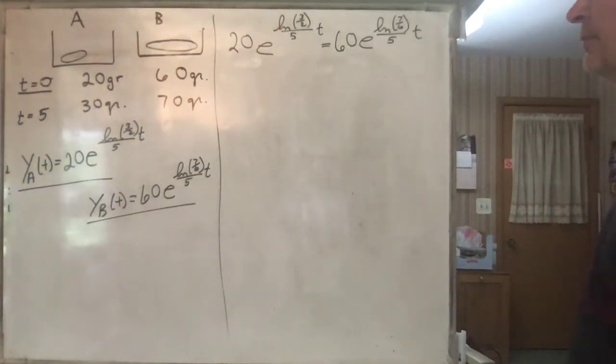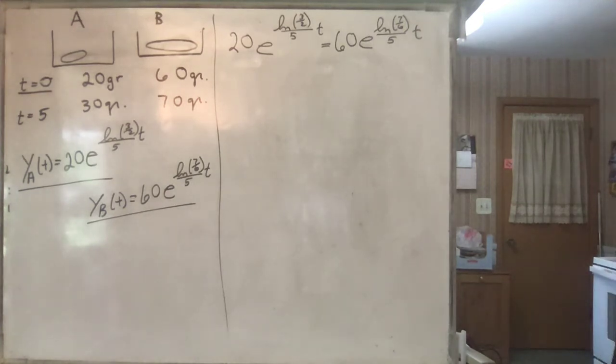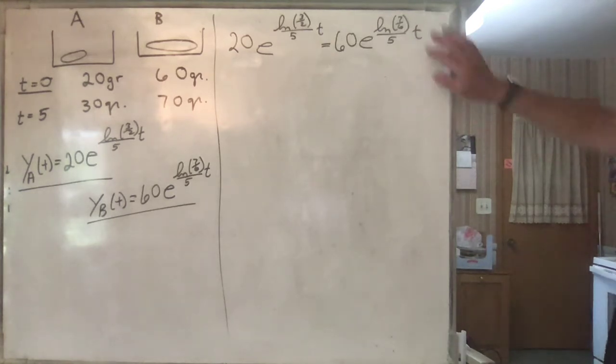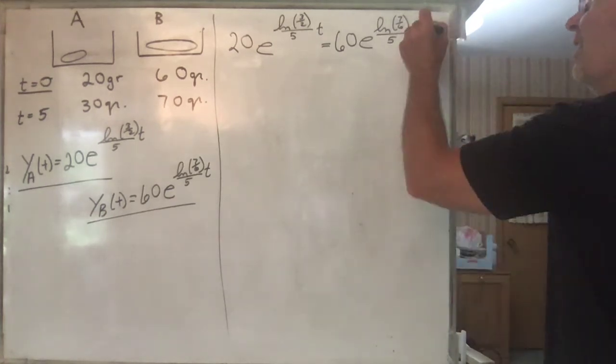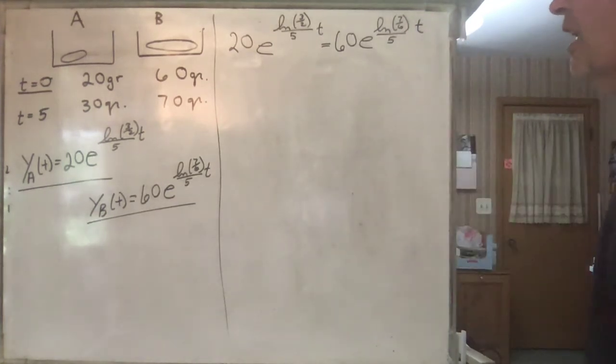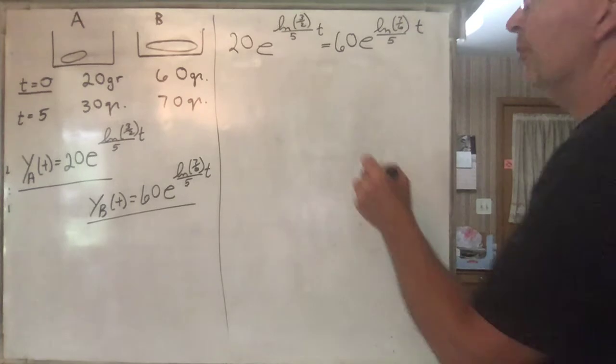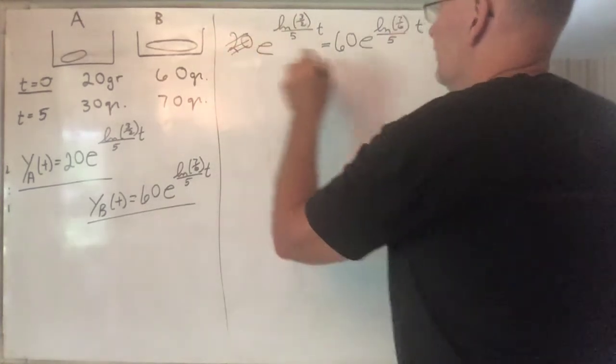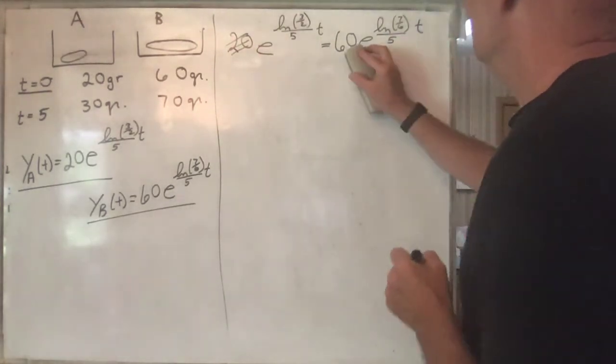What can we do? Well, let's see. First, this t is up here. Let's first divide both sides by 20. That's easy enough. And that makes this into a 3.